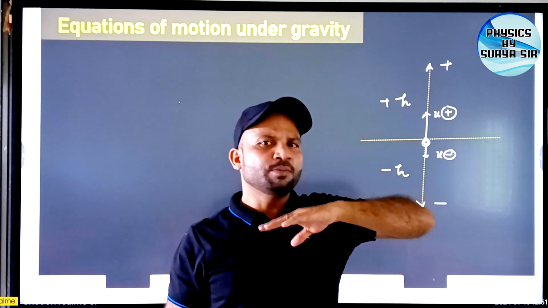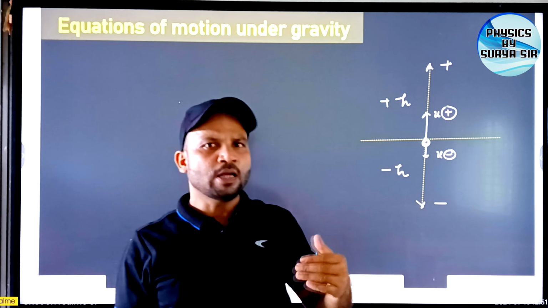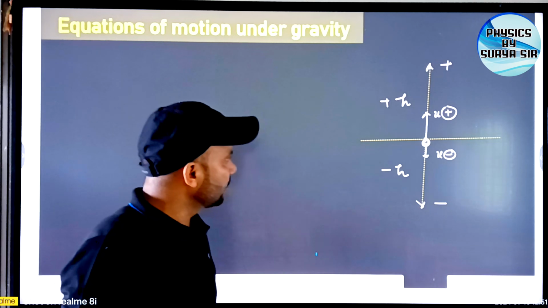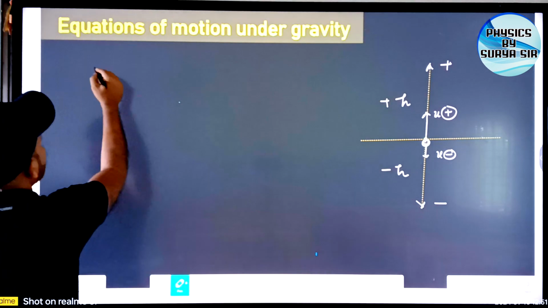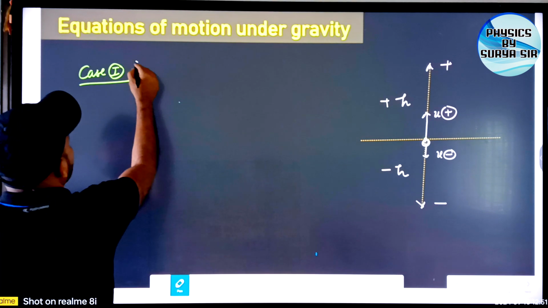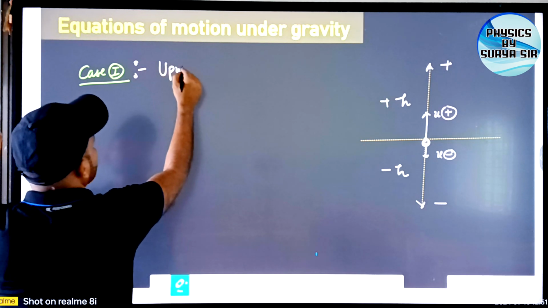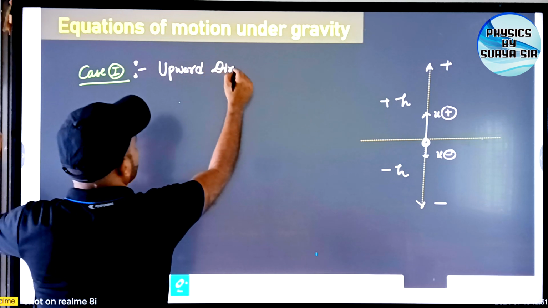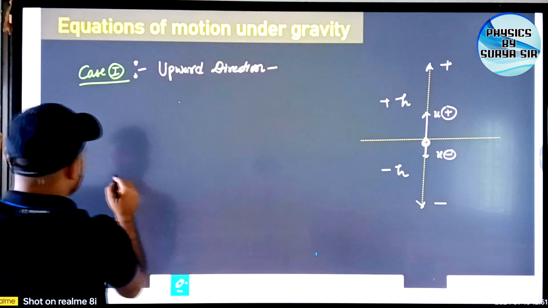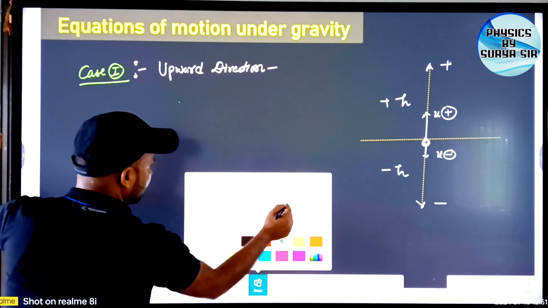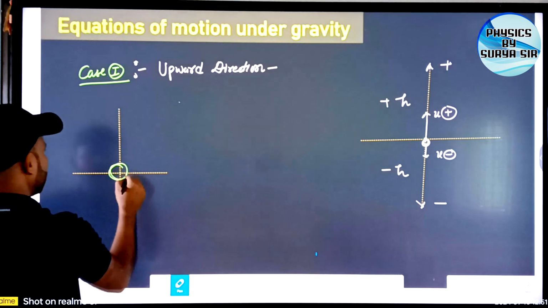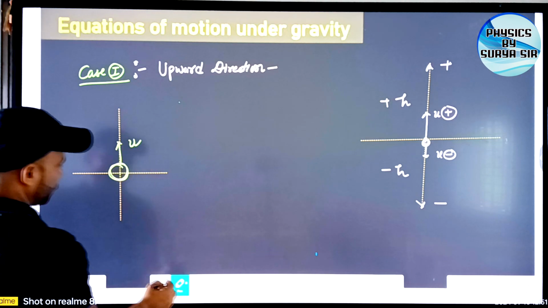When you are moving upward, you take each and every term as positive. When you are moving in the downward direction, you have to take it as negative. Clear? So first case first. When the object is moving in the upward direction, suppose this is the object, and it is moving with velocity u.